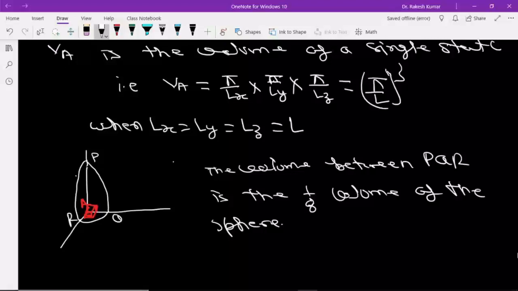Let's say it's x axis, y, and z axis. It's in K space, but for simplicity I'm using these x, y and z axes.